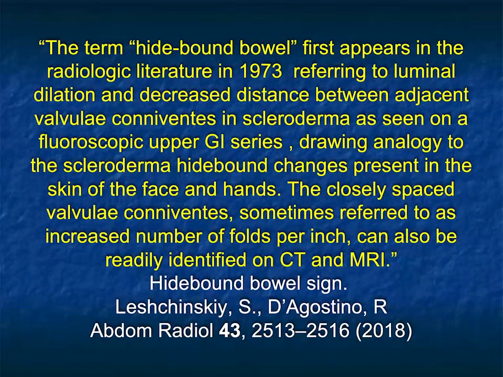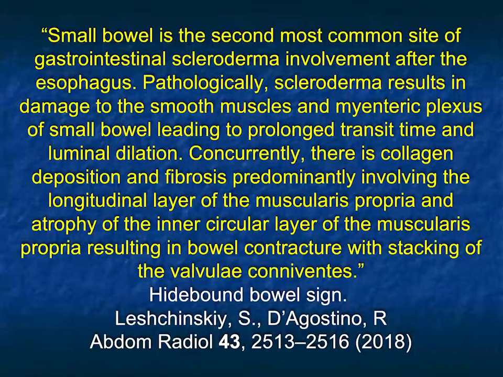And it talks about, and classic for scleroderma, the closely spaced valvulae conniventes, sometimes referred to as increased number of folds per inch, can be readily identified on CT or MR. And this is classic for scleroderma. Small bowel is the second most common site of GI scleroderma after the esophagus. We think about the esophagus more with scleroderma, right? Particularly the GE junction, but it also involves the small bowel.